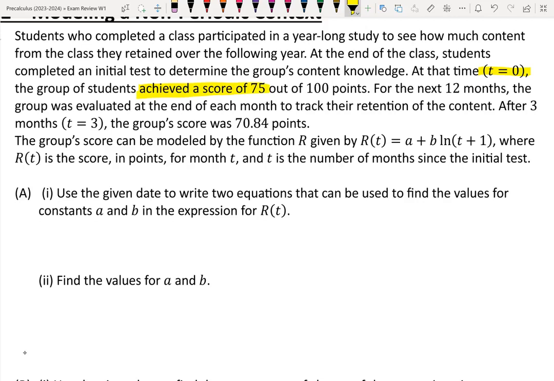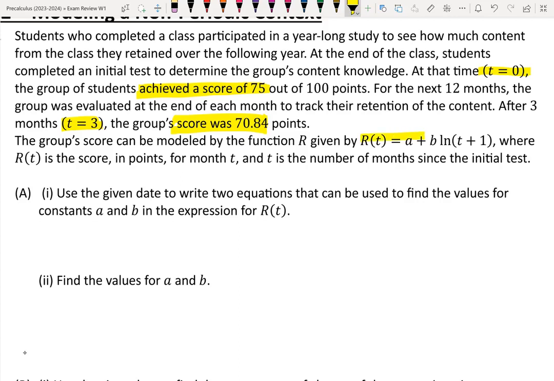For the next 12 months, they were evaluated at the end of each month to track the retention. And after 3 months, so t equals 3, we have a score of 70.84. Then it tells us the group score can be modeled by the function r.